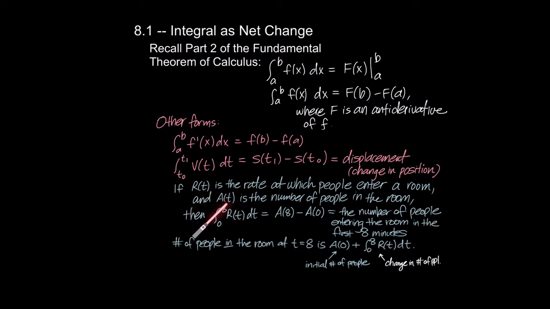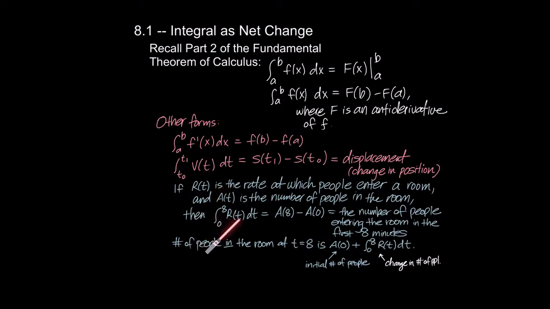And so let's say that's a. A of t is the number of people in the room. So the derivative of a is r. Because a stands for the number of people in the room, r is going to be the rate at which people are entering the room. More accurately, it's the rate at which the number of people in the room is changing.